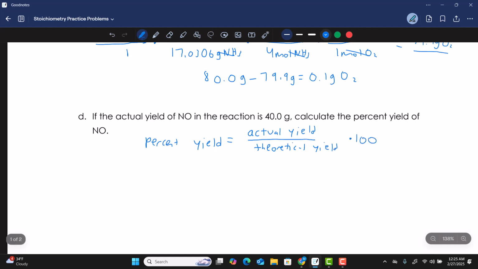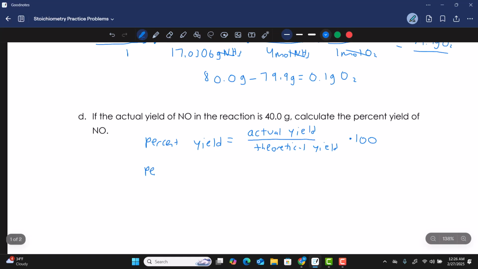The actual yield is the amount of product that you actually get when you do an experiment in the lab. So it's going to be less than the theoretical yield because you're going to lose some of it in an actual experiment. But the theoretical yield is the amount that you would get if you did an experiment with everything going perfectly, which is not going to happen. So that's why the actual yield is always going to be less than the theoretical yield.